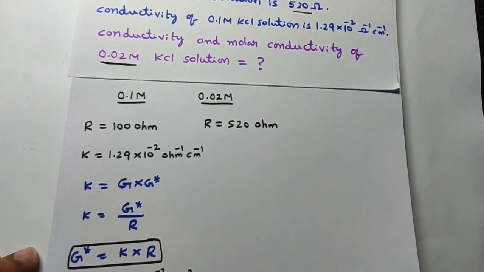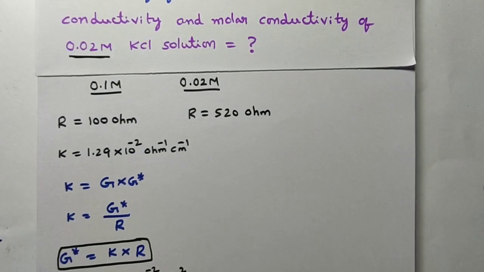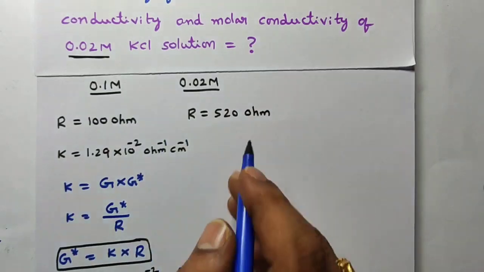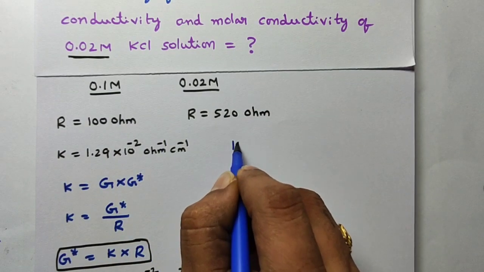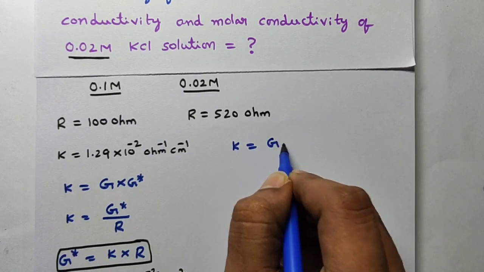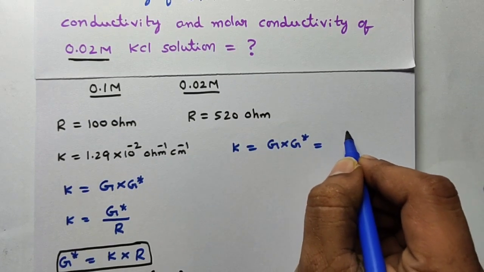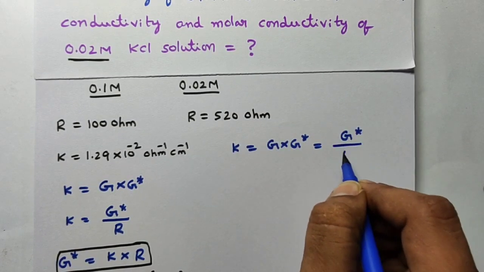Next, we have to find out the conductivity and molar conductivity of 0.02 molar. First, conductivity kappa equals G into G star, nothing but G star divided by resistance.